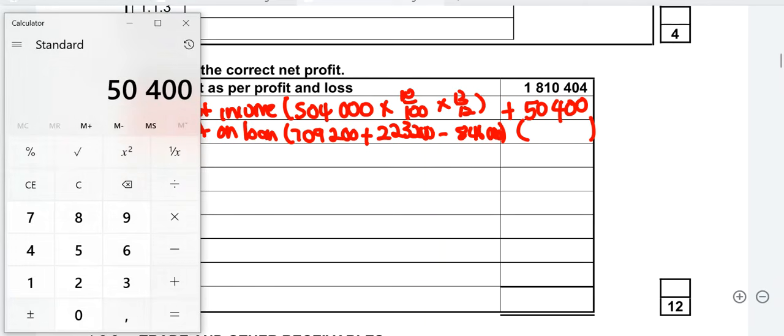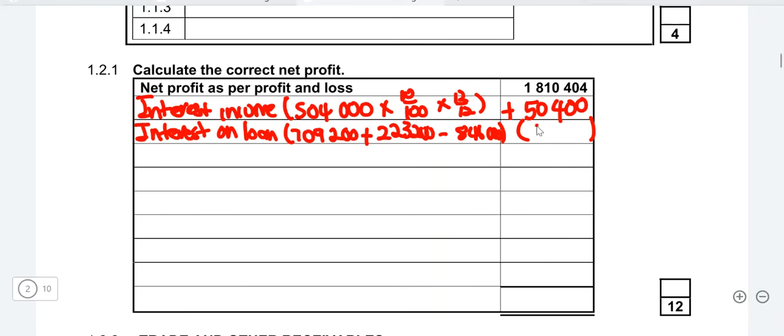So we're going to say 709,200, and then we say plus the repayment of 223,200, and then we say minus 846,000, and then it is giving us the answer of 86,400. So which means that our interest on loan is supposed to be 86,400. Okay, then you are done with this part.